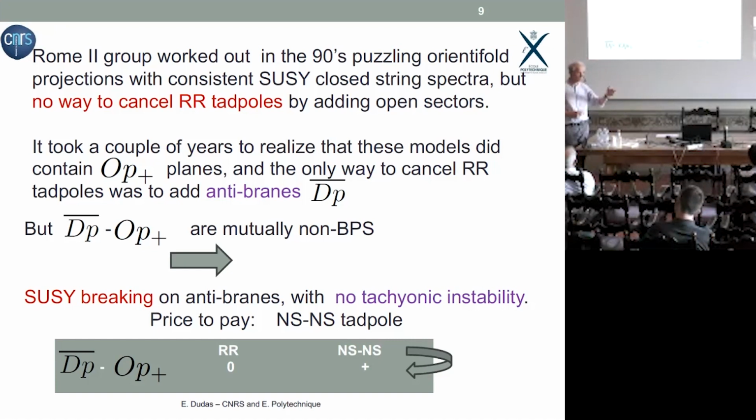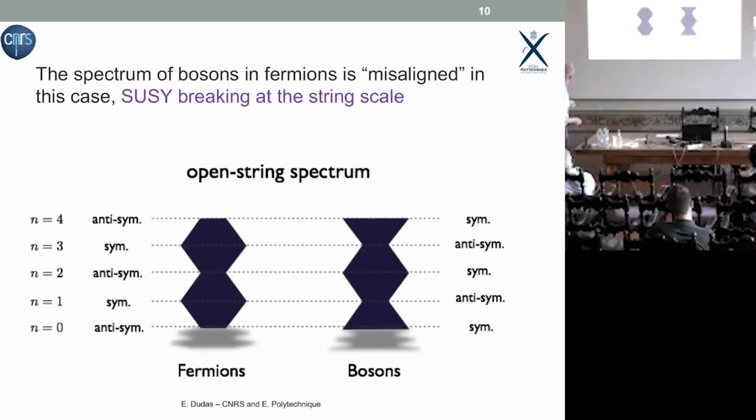You'll hear more today and tomorrow. So the so-called Schwarz tadpole is just the tension of these objects; from my perspective, the so-called untwisted tadpole. And before going to the current models that we are doing now, the spectrum of the bosons is, in this case, misaligned.